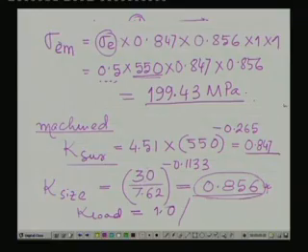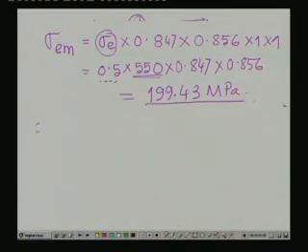Now, let us find out the value of the fatigue stress concentration factor.